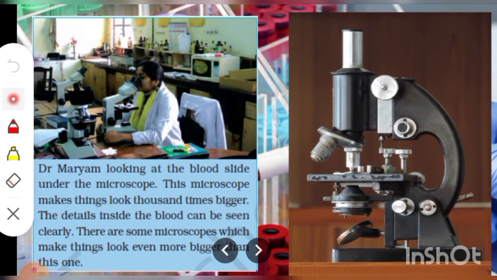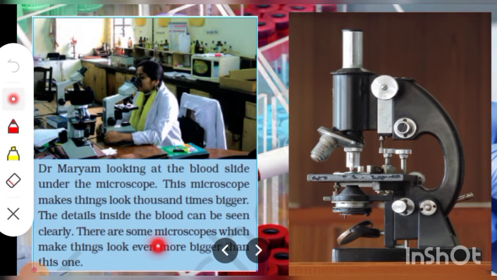Do you know that when blood is tested, it is analyzed under a microscope? See, Dr. Mariam is looking at the blood slide under the microscope. This microscope makes things look 1,000 times bigger. The details inside the blood can be seen clearly.